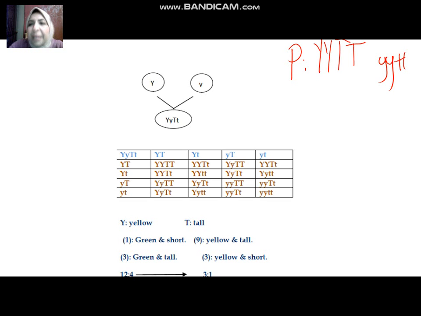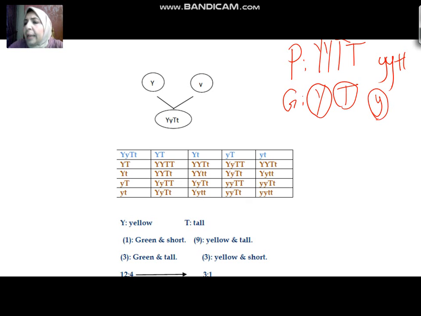The stage of gametes formation: we will take one gamete from each pair of similar genes. One Y capital and one T capital in the first plant; in the other plant, one Y small and one T small. To find the first generation, we will find one individual only, and the other individuals will be similar to it: Y capital, Y small, T capital, T small.